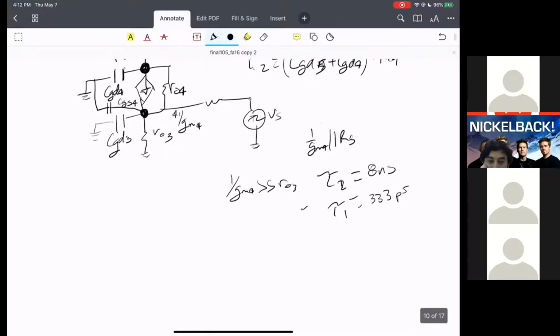As you can tell, T2 is the dominant one. And so when you calculate your f3dB, you get approximately 19 megahertz.